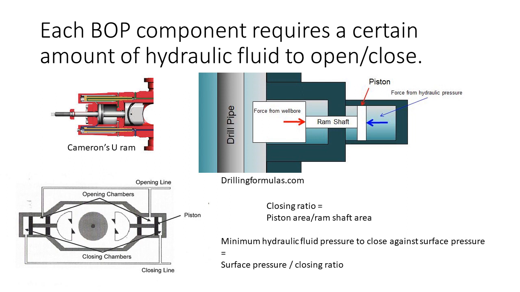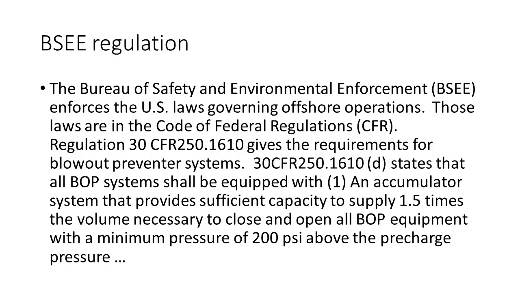What law states is 200 over the pre-charge pressure. Here we have an excerpt of the BSEE regulations in regard to the accumulator. Importantly, it says the accumulator system must have sufficient capacity to supply 1.5 times the volume to open and close all the equipment with a minimum of 200 pounds above the pre-charge pressure.